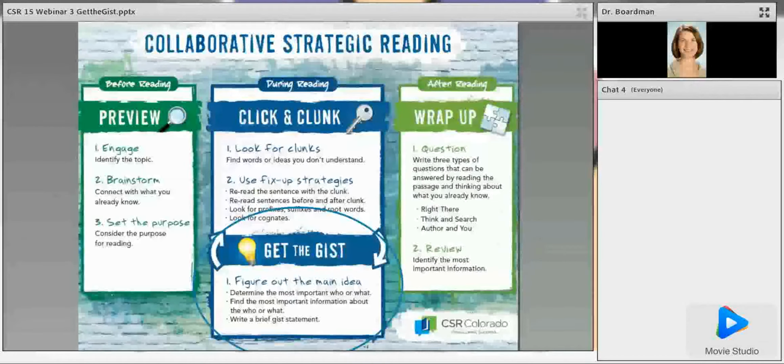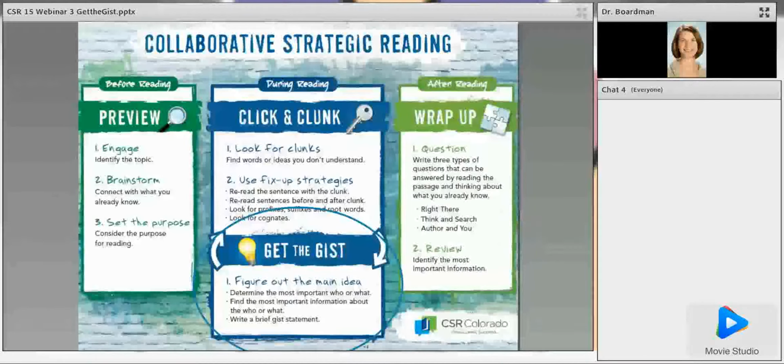And she realized that in order for kids to be working together, to be learning from and talking about text, they really needed a lot of scaffolds and supports. So throughout CSR, we have built in many resources for students and for teachers.